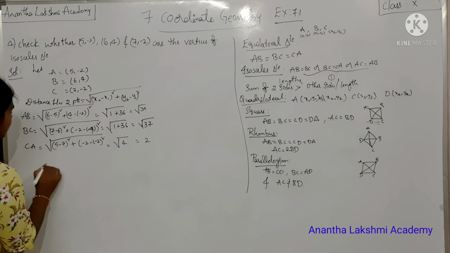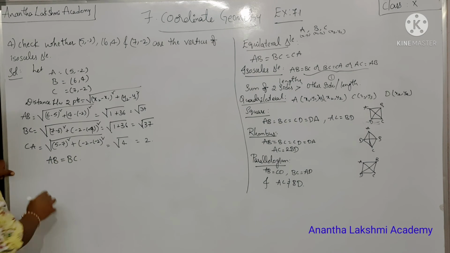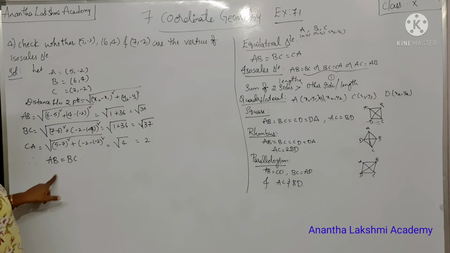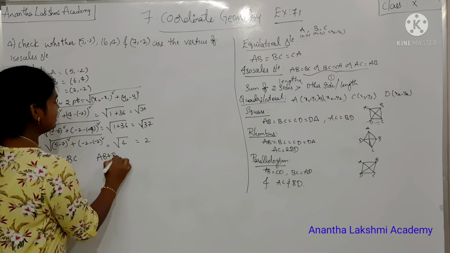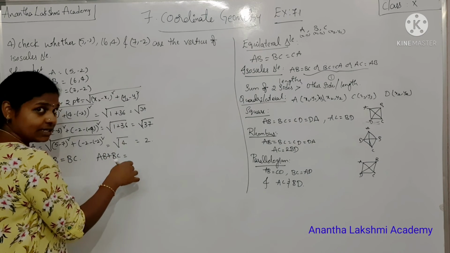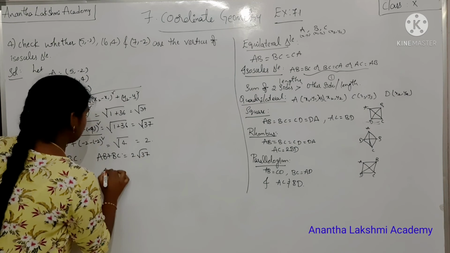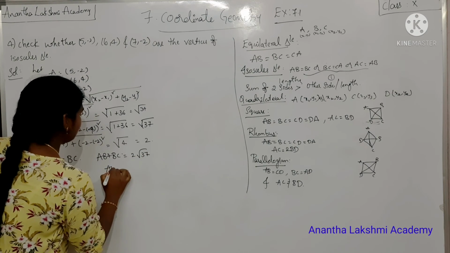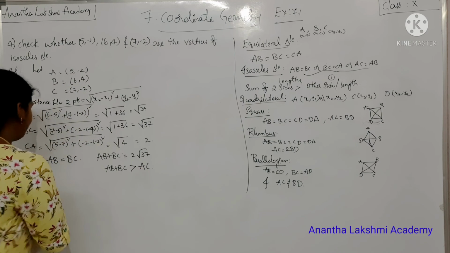If you see here, AB equal to BC. AB equal to BC and AB plus BC, which is 2 root 37, is greater than AC.